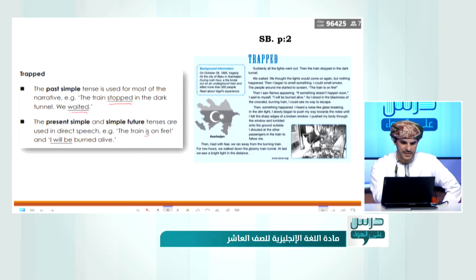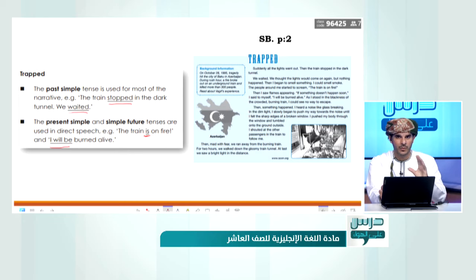The train is on fire. The train is on fire and I will be burned alive. As you can see, in stories we use past tenses like past simple, past continuous, past perfect, and in the stories themselves with direct speech use present tense.